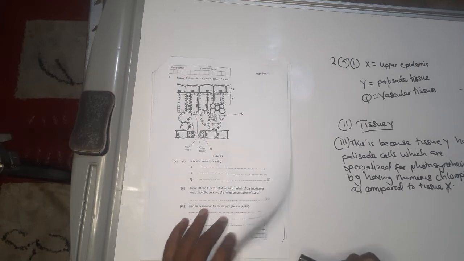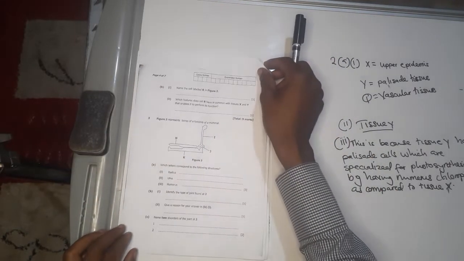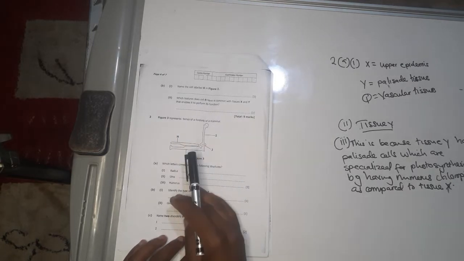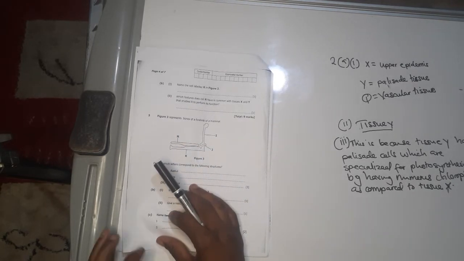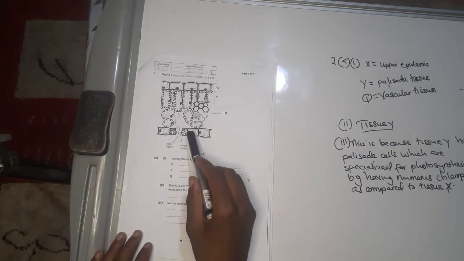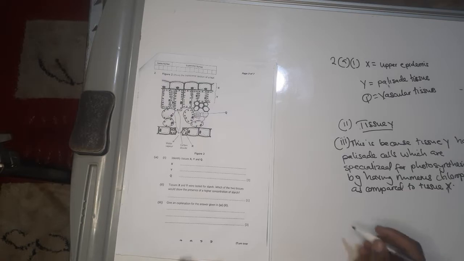Okay, then we go to question B, which is the other side. Question B, name the cell labeled R in figure 2. So you have to identify the cell which is labeled R. The cell labeled R, this is the guard cell.